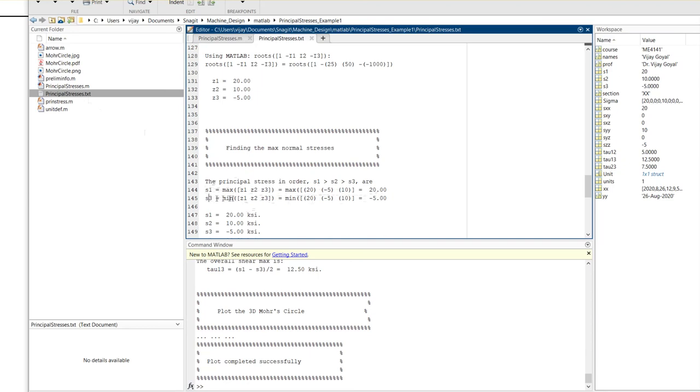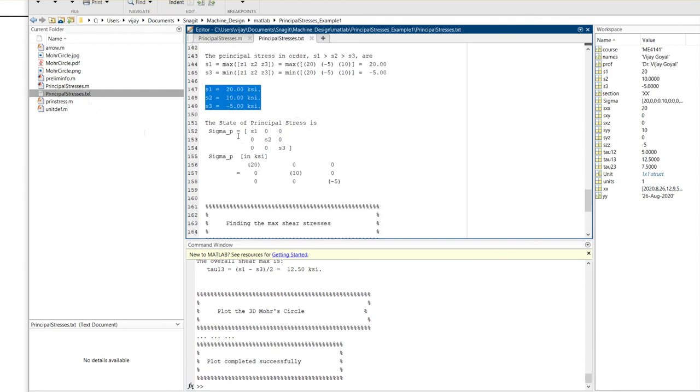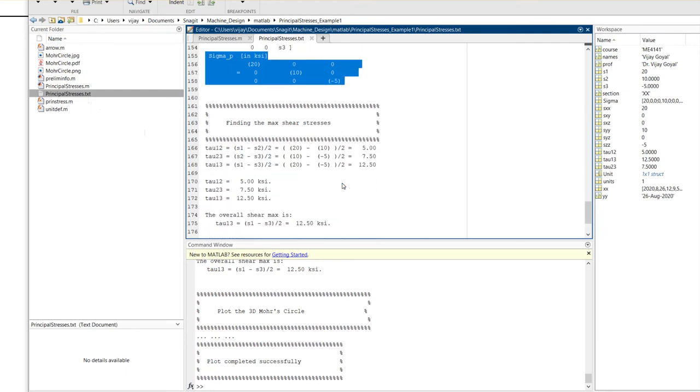S3 is the minimum of these values, which is minus 5. Then S1, S2, S3 will be as follows. The principal state of stress is given by this equation, and I'm printing out for you what the state of stress looks like. If you wanted to know the maximum shear, the overall maximum shear is what we usually care for. It will always be between 1 and 3, S1 and S3.